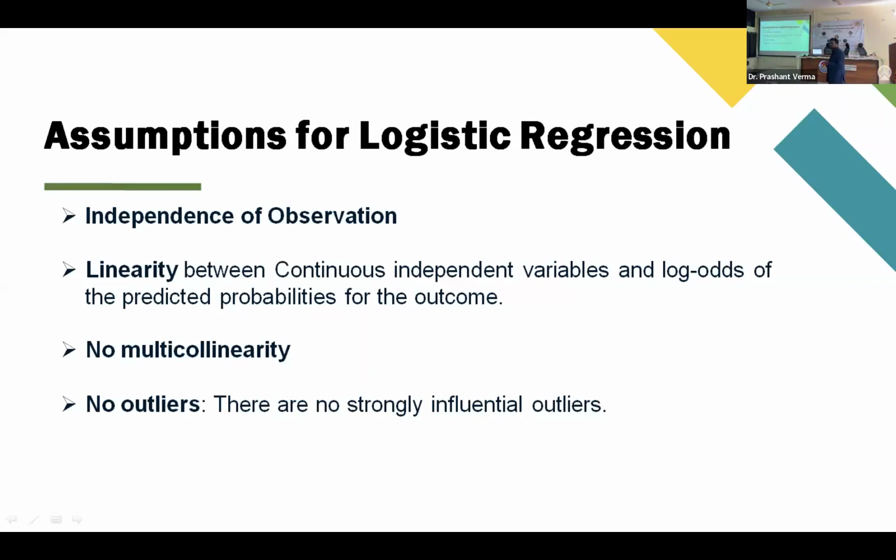So there will be a certain probability of 1, and a certain probability of 0. We want it for the explanation of the independent variable, how it's affecting the dependent variable. For that, we need what we call the odds ratio.